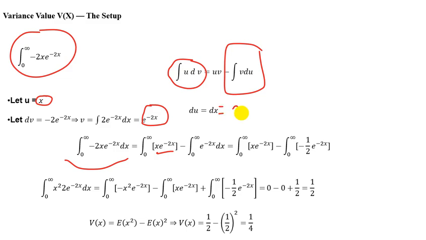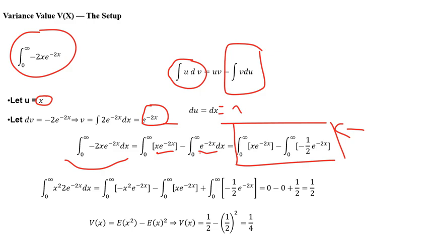The derivative of u, we said, is 1, times our v, which is e^(-2x). So in the end we get this simple equation where we need just to replace x by the upper limit and the lower limit.